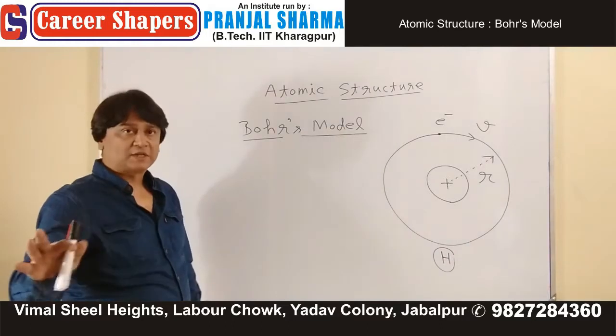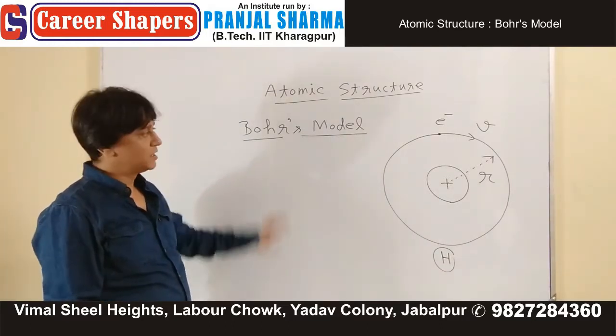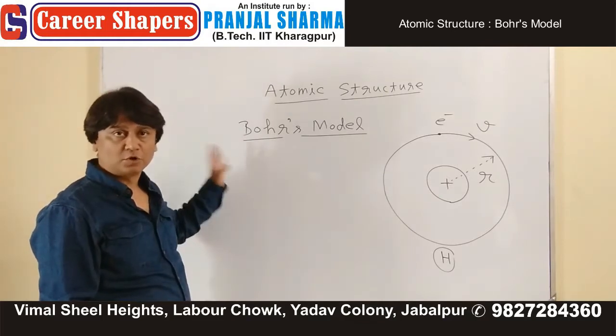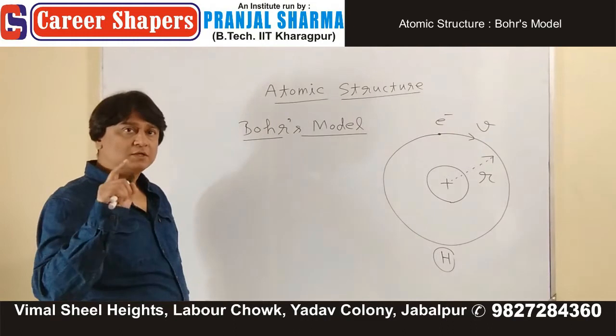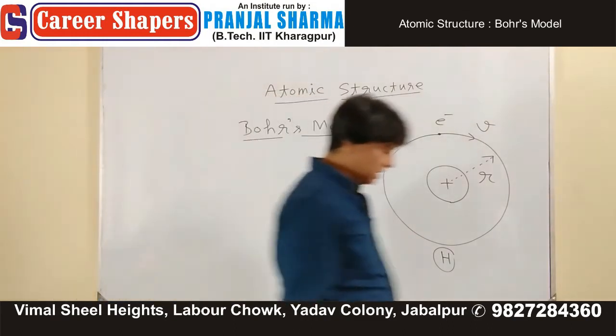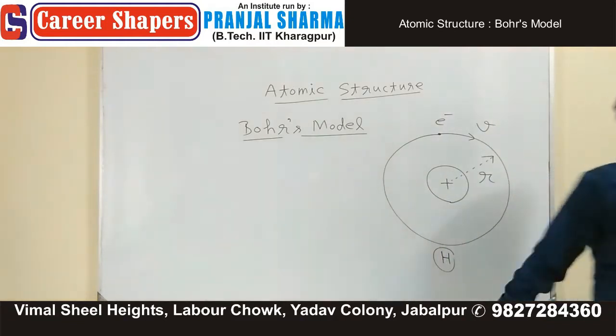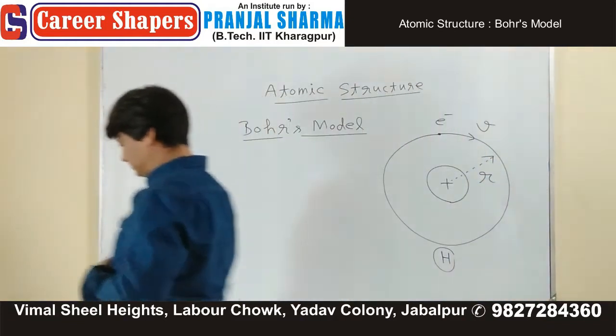We are not interested in this type of electron cloud. We are interested in the Bohr model, and according to Bohr's model, all these electrons are moving in circular orbits. Write down this first assumption according to Bohr's theory.